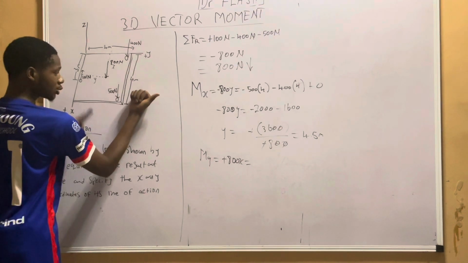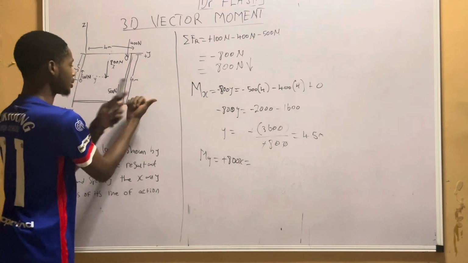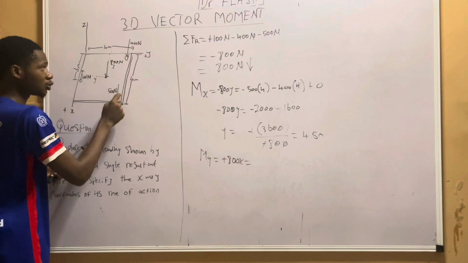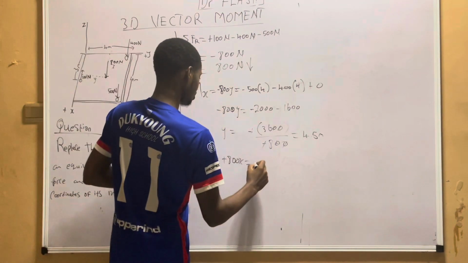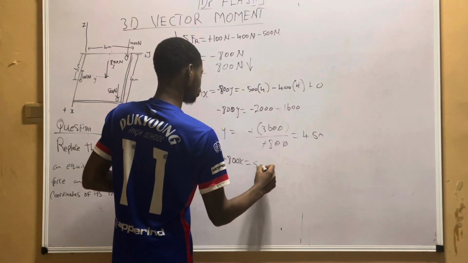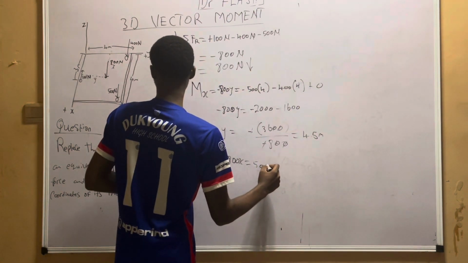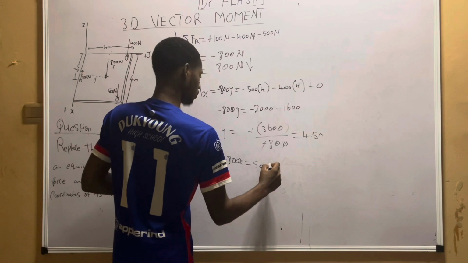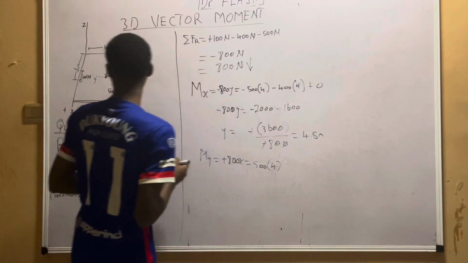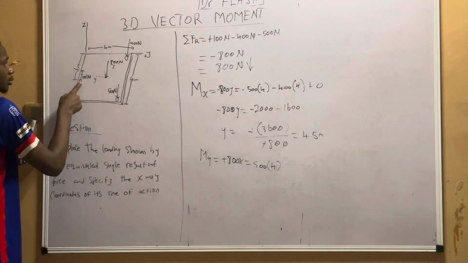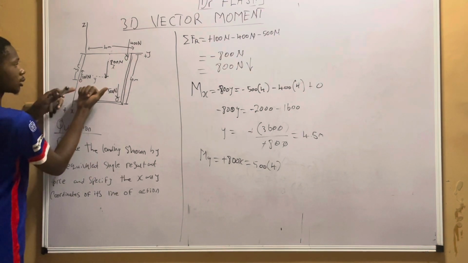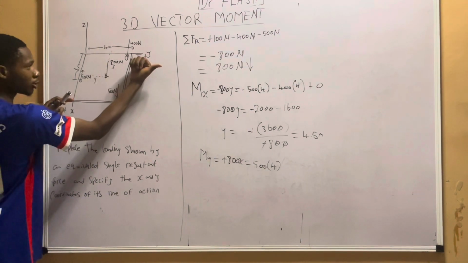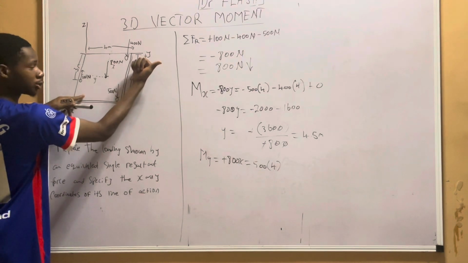Applying the right hand rule, see, it's going inside, and here is the positive y-axis. So it's going inside, we're having 500 newtons. What distance from here to here? That's 4. So we're going to get 500 times 4, and then for this other one, 100, this one is going out of the plane, but according to the right hand rule, anyone coming inside is also going to produce a positive.